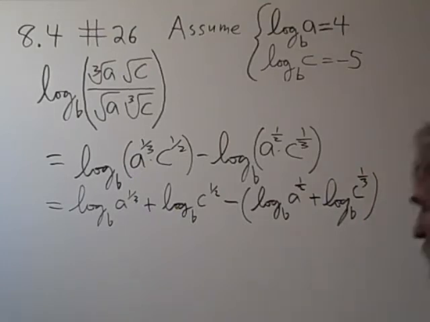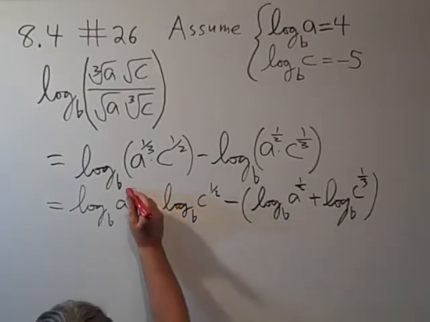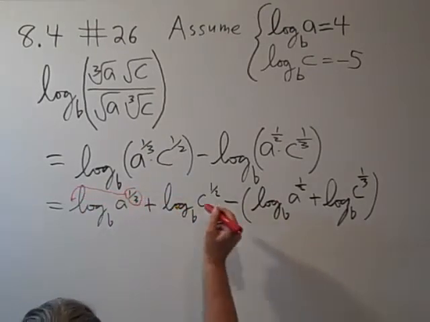Now we use the property of logs, that a log of something to a power is the product of that coefficient times the log.